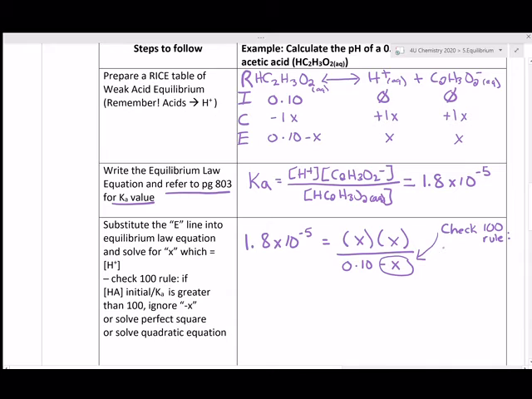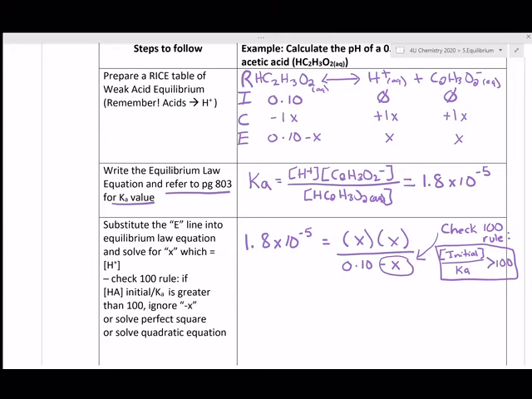The way it works is you take the initial concentration of the acid, you divide it by the Ka value for the acid, and if that number is greater than 100, you get to ignore it, because that is telling you that the change is so minor that the decimals would be so tiny in your calculator, they probably wouldn't even affect your answer at all.